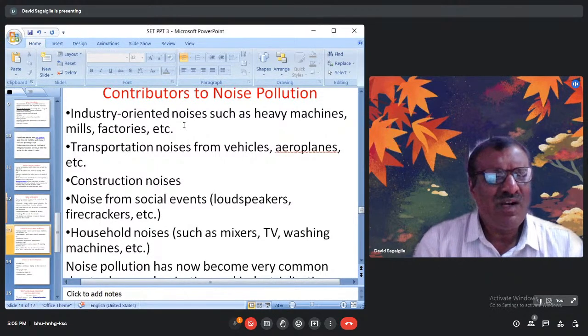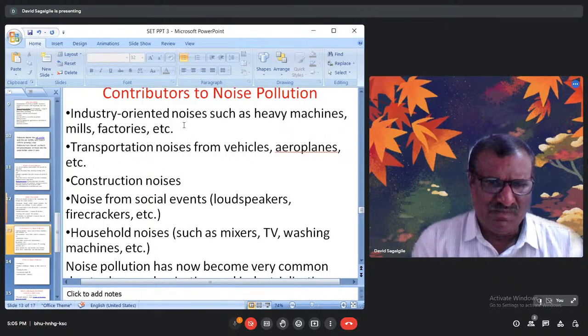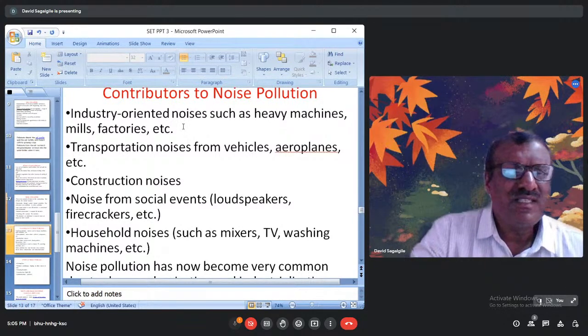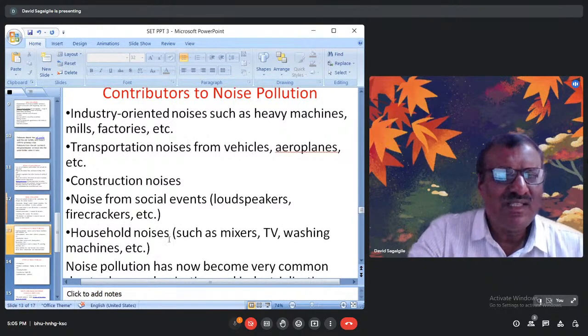Then even in the household we see that noise pollution is created, like mixers and grinders when they're used, washing machines, and even the sound of TV or the music system, that also causes noise pollution within the house.